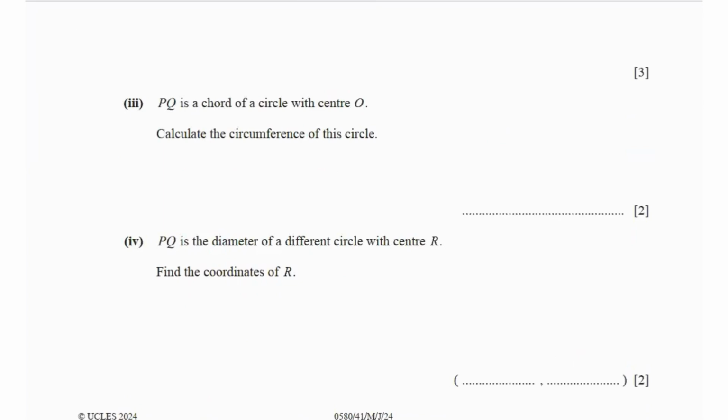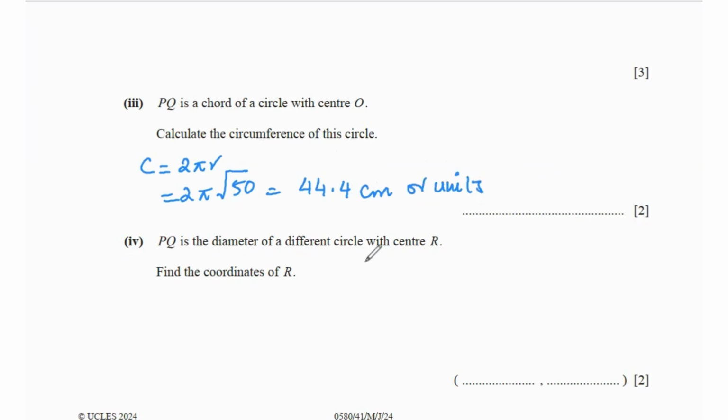Circumference is 2 pi r, so 2 pi times square root of 50, and that is equal to 44.4. I don't think they have given us the units, so 44.4 units.